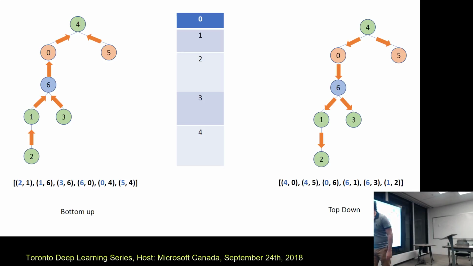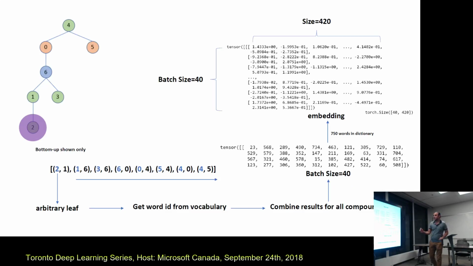Okay. So just to see how it works: 2 to 1, 1 to 6, 3 to 6, and so on. So now you have 2 paths to basically scan the tree. Now, how do we collect information about each of these nodes? We previously generated WIDs for each of the components, correct? So now what you can do is scan the tree structure and collect the WIDs for each of those components. That's exactly what they do.